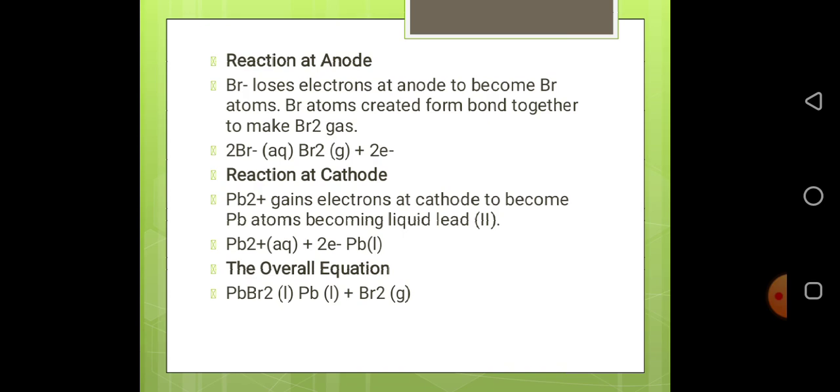So when we match them together, lead(II) bromide gives lead plus bromine. So this is the overall reaction: lead(II) bromide dissociates to give lead and bromine.